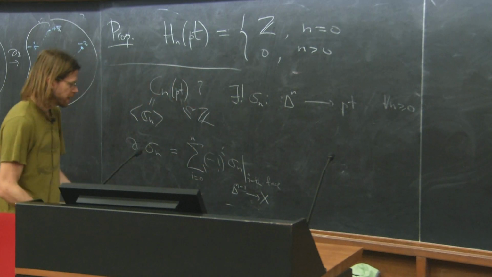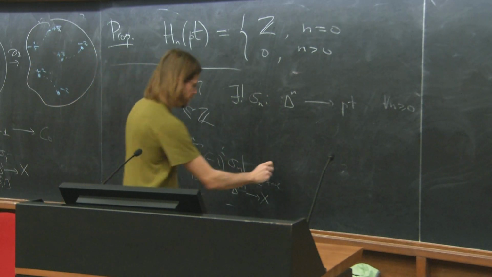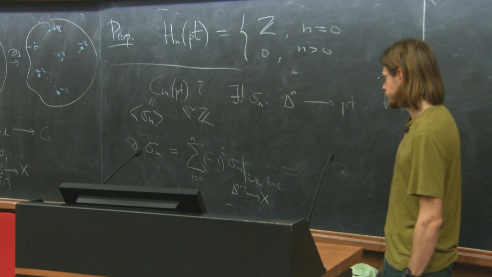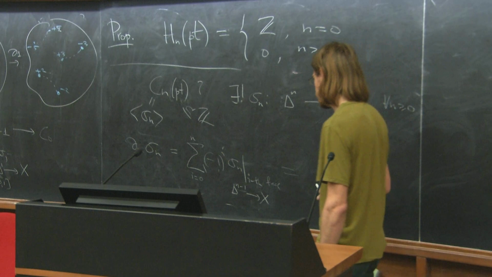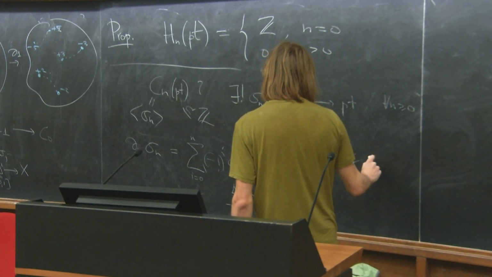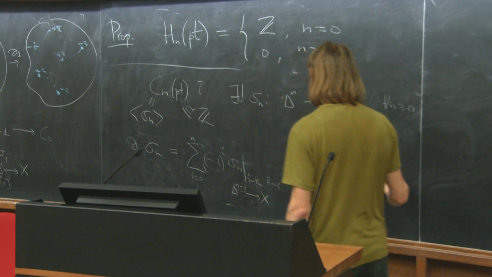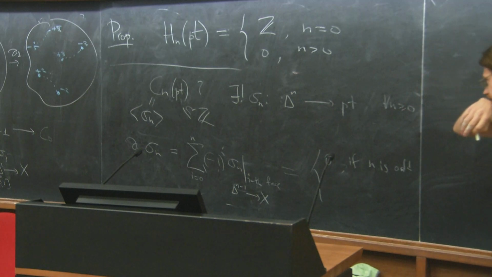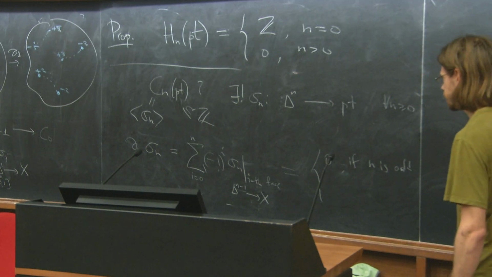So they're all the same, and since there are n plus 1 terms with alternating signs here, the result will be 0 if n is odd, because they will all pairwise cancel out.